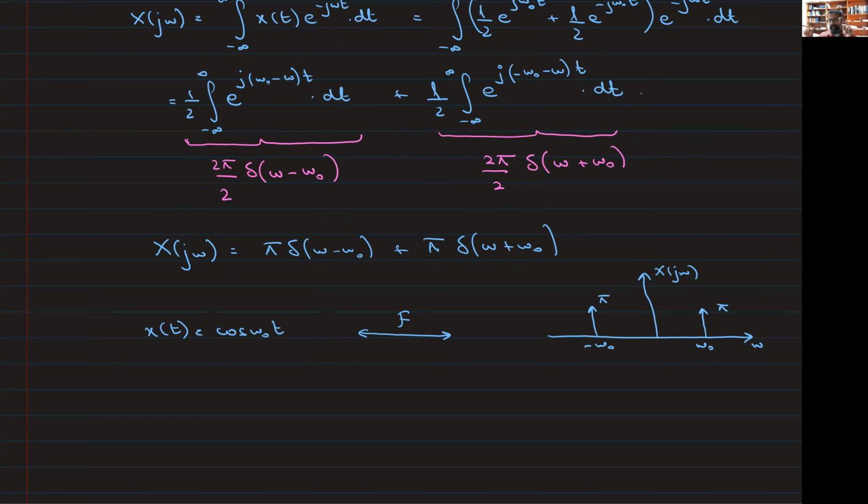And there are two impulses, and that makes sense. Your cosine omega naught t is made up of two exponentials. One has a frequency of plus omega naught, the other one has a frequency of minus omega naught. And if I look at the Fourier transform, I just see that there are only two singular frequencies present in this time domain signal, one at omega naught and the other at minus omega naught, which makes perfect sense.